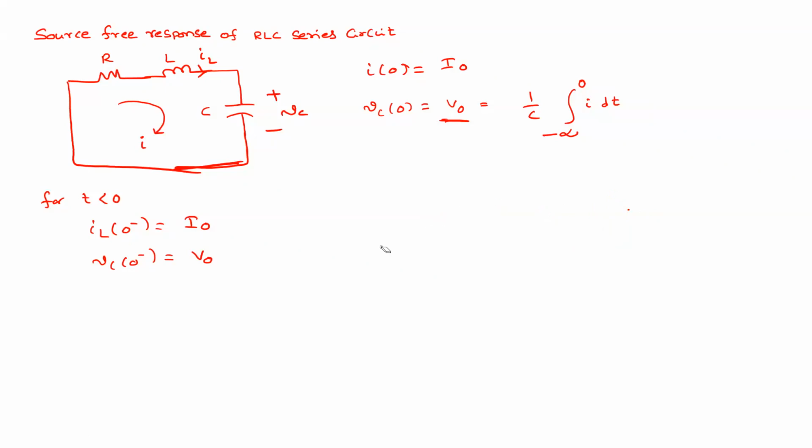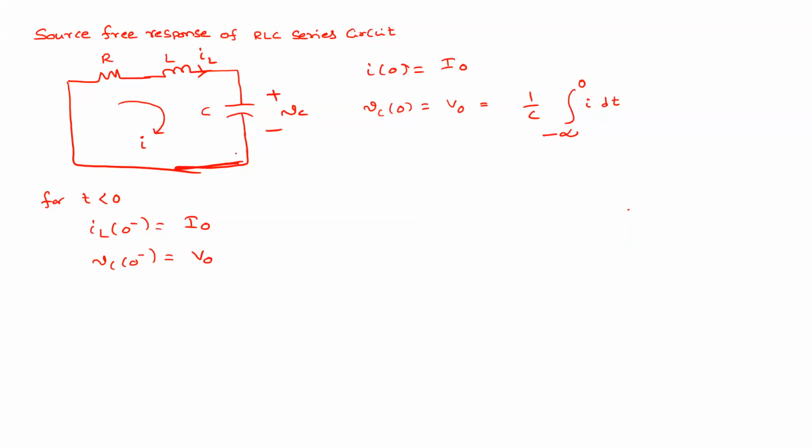Because the direction of VC is plus on this side, and this is I, right? Okay. So this is the one. Just keep this aside.